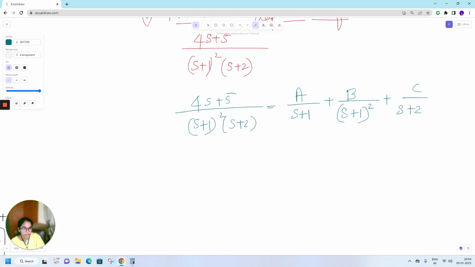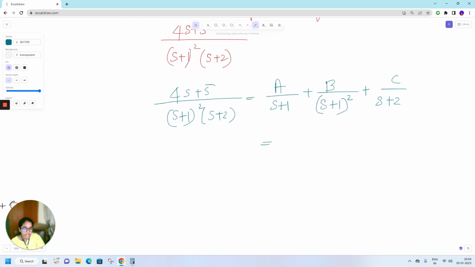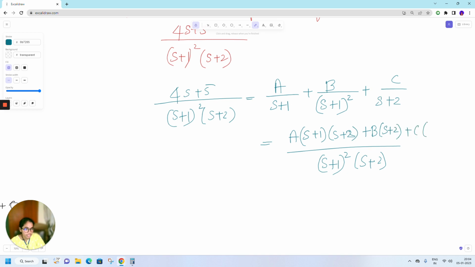Yes, what is the next step after writing it in this form? Take LCM. How do you take LCM? The denominator would be s plus 1 whole square into s plus 2. Yes, so here I would have a into, I already have one s plus 1, so I'll write another s plus 1 into s plus 2 plus b into s plus 1 whole square is already there, so I'll write it as s plus 2 plus c into s plus 2 is here, so I'll write s plus 1 the whole square.